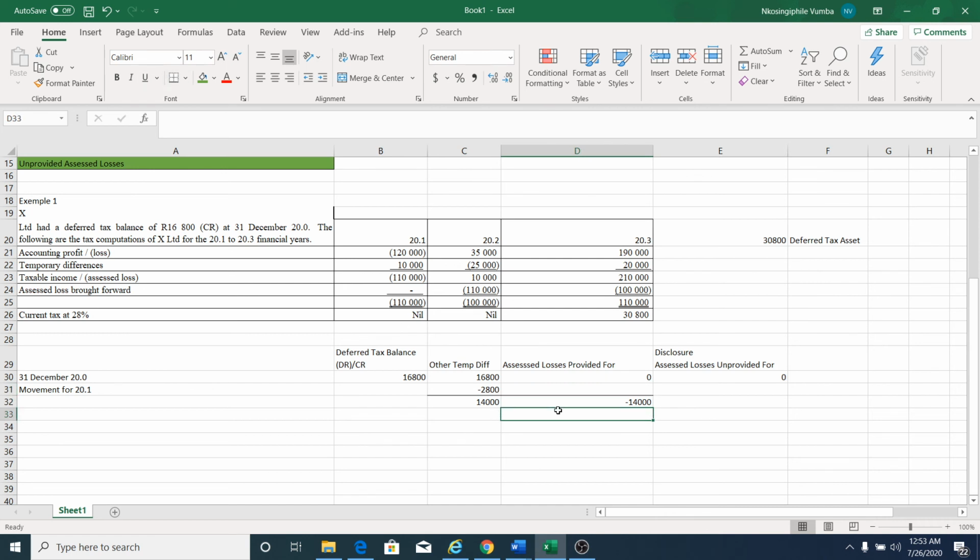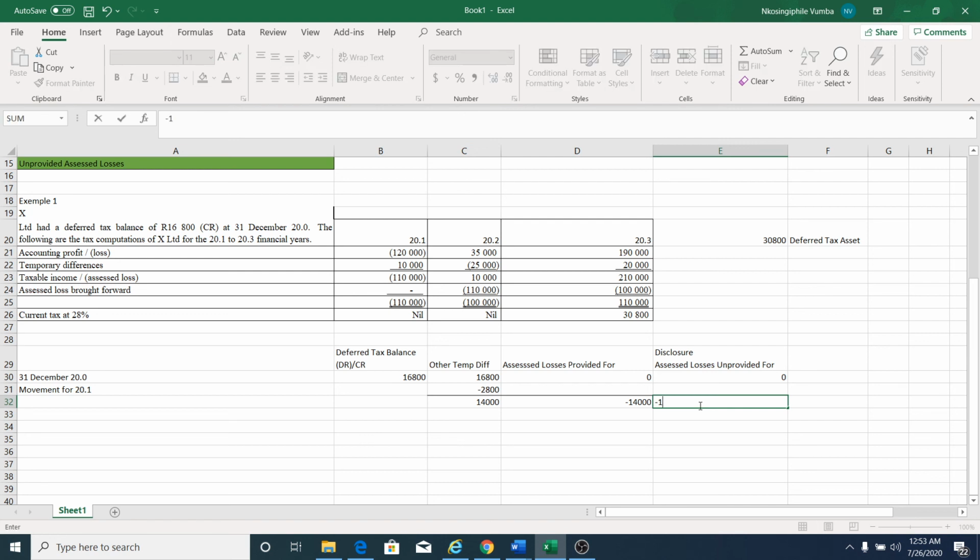So if we provided for 14,000 but we had 30,800, this means we have not provided for 30,800 minus 14,000, which leaves an unprovided amount of 16.8. Obviously, we know this plus this should give you this, which gives us 0.